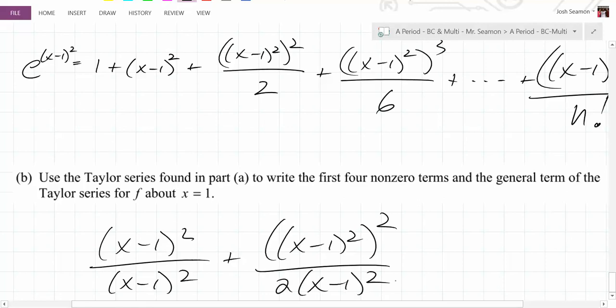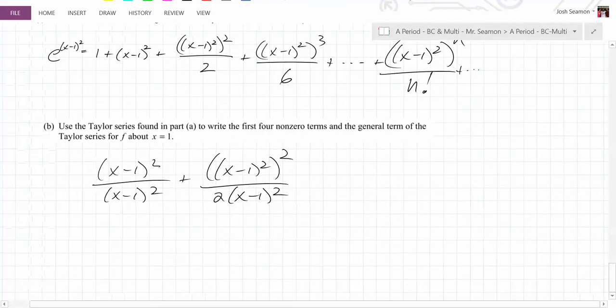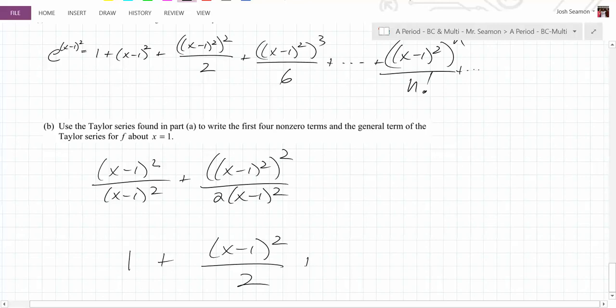I'm just taking x minus 1 squared and placing it here, right? So I'm not going to write out this entire line, but what are you going to end up with if you just do this out? You're going to end up with 1 plus x minus 1 over 2, plus x minus 1 to the fourth over 6, because 3 times 2 is 6, and then you subtract 2 from the power.